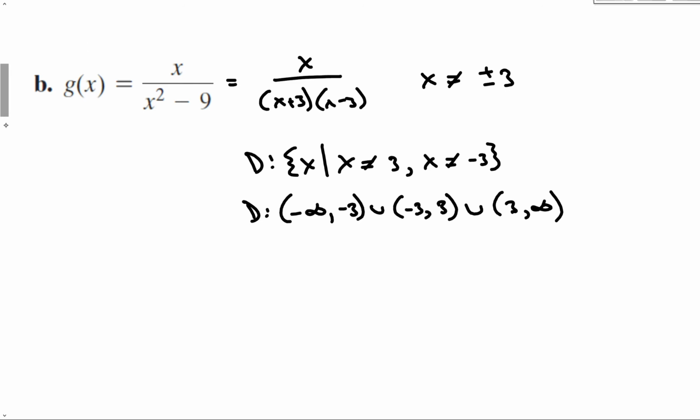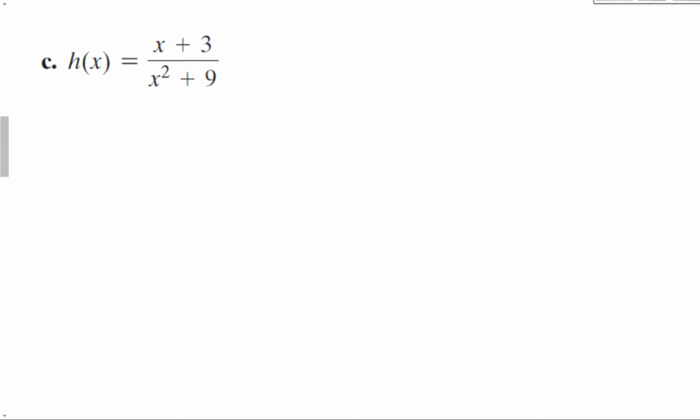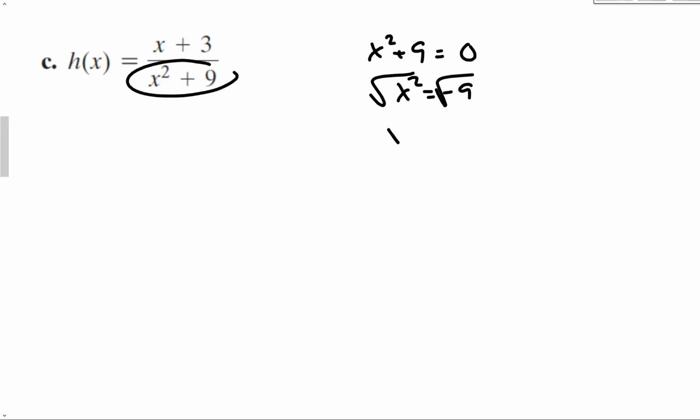I go from negative 3 to positive 3, not including these points, and then from 3 to infinity. Let's look at one more. Well, the bottom here doesn't factor with real numbers. If I set it equal to 0, you'll see that when I take the square root of both sides, we get plus or minus 3i.